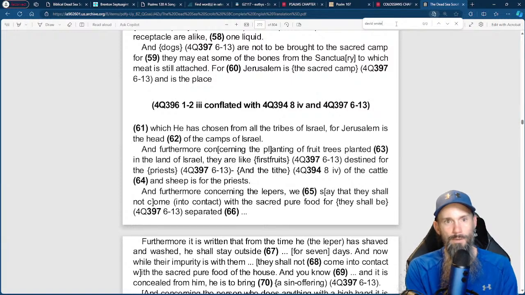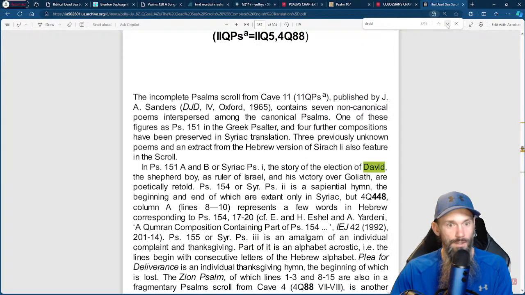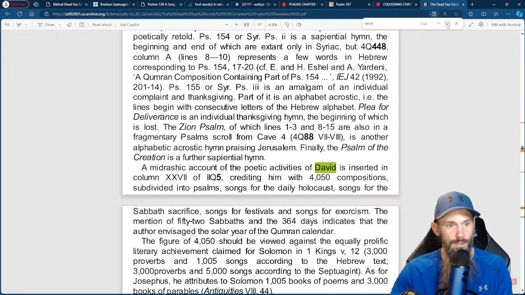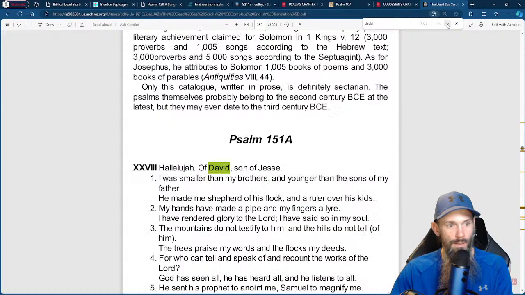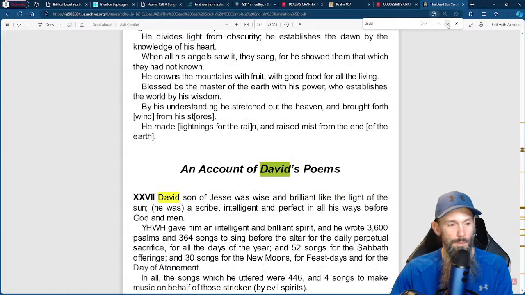David wrote. How about that? It's hard to figure out which keywords will pop up what you're looking for. Okay, there's one. Now if I put David in, let's see. Yep, extra Psalms. Some of them were found in the Syriac church. It's all over the place.